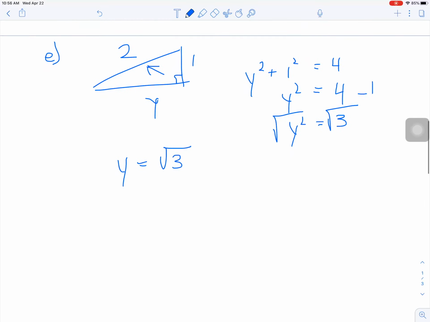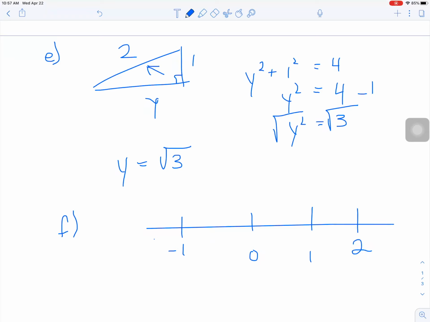All right, and the last one, F, is draw a number line, which we are going to do, and put these on the number line. Okay, so if we have negative 1, let's go 0, 1, maybe we can make this line a little bit longer, 2.